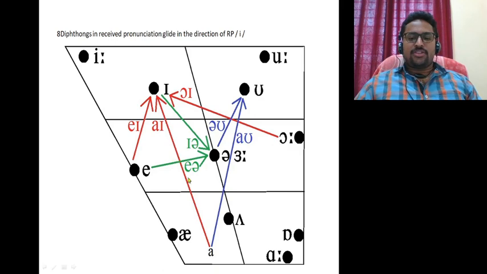Let's go for another sound. Now we have finished with three arrows. Three sounds are ending at the place of E and two sounds are ending at the place of A, the central vowel. The sounds are generating from the front vowel and gliding towards the central sound, that is A.